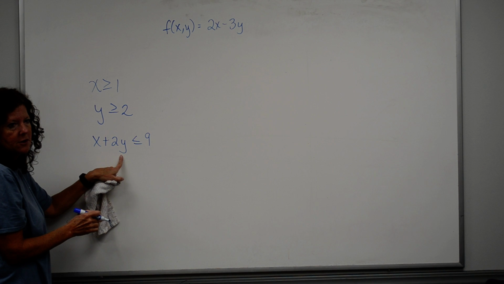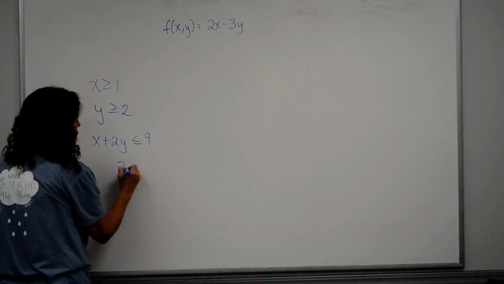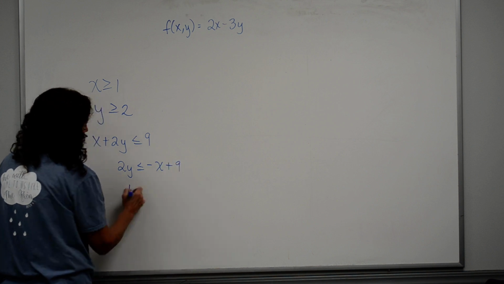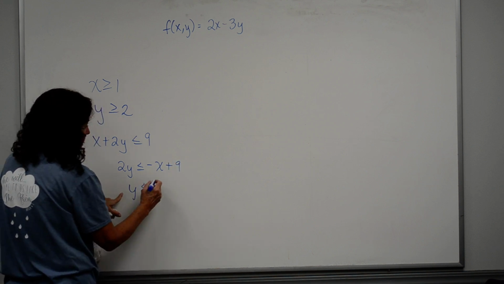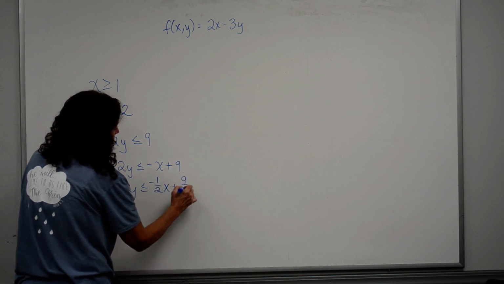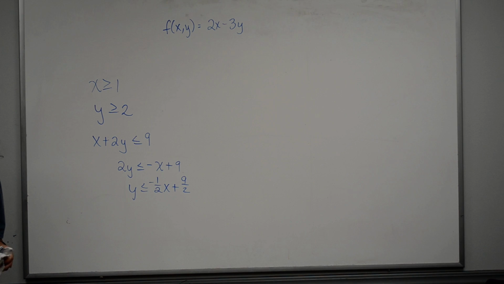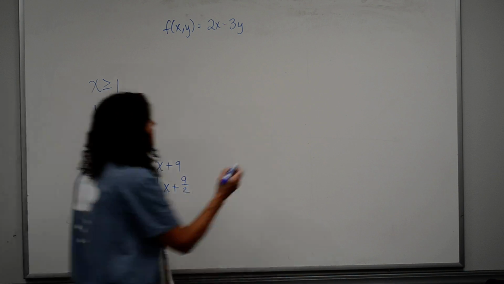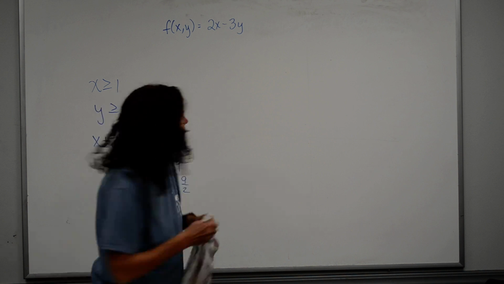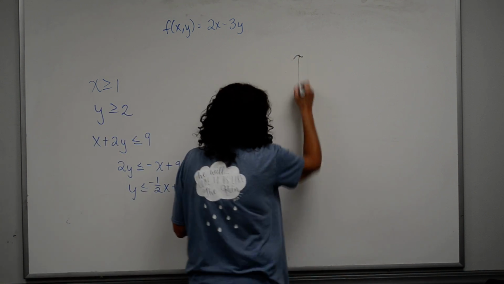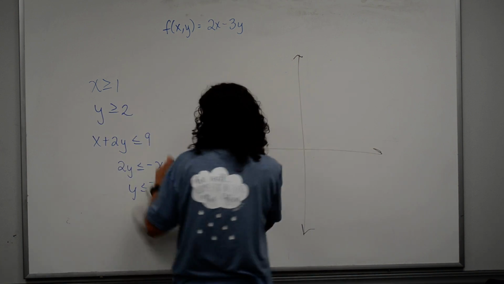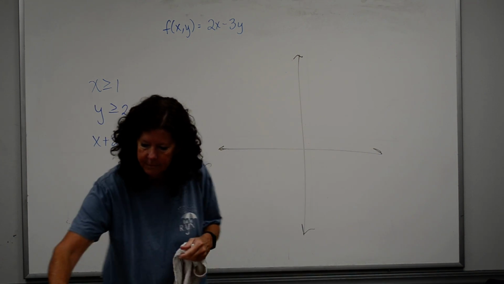I've got to rearrange this one. So I have 2y is less than or equal to -x plus 9. I have y is less than or equal to -1/2 x plus 9 over 2, which is 4.5. Okay, so if I put these on a coordinate plane, I have x is greater than 1.